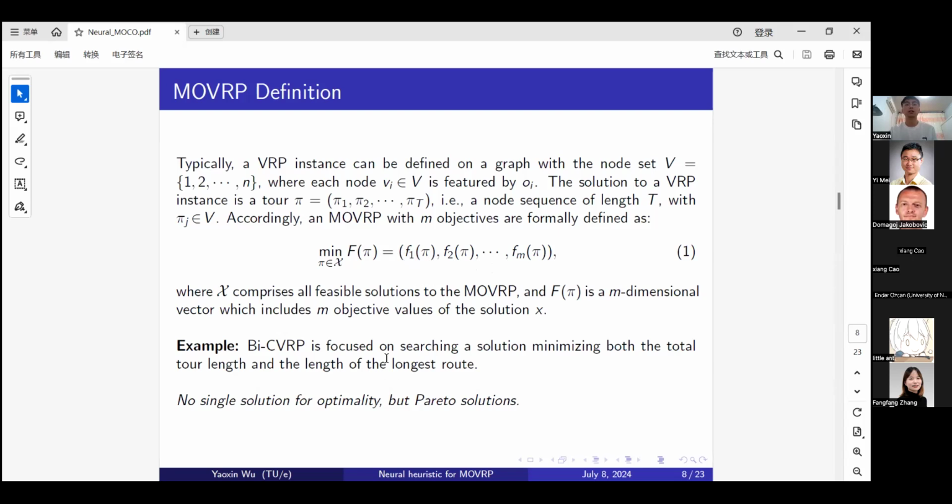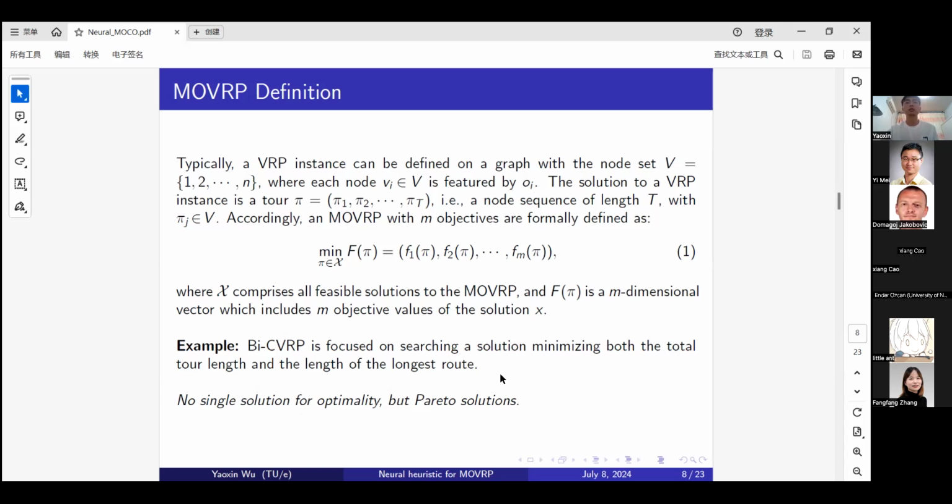And here is a two-objective CVRP problem. In this problem, we not only search for a solution to minimize the total tour length, but we also want to minimize the length of the longest route.